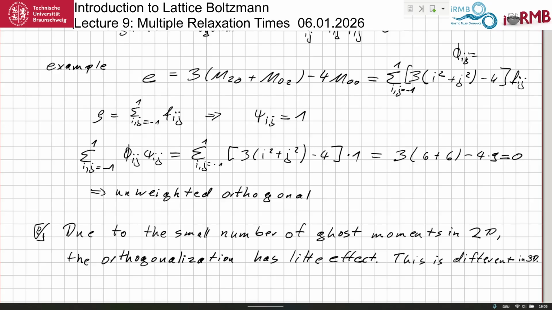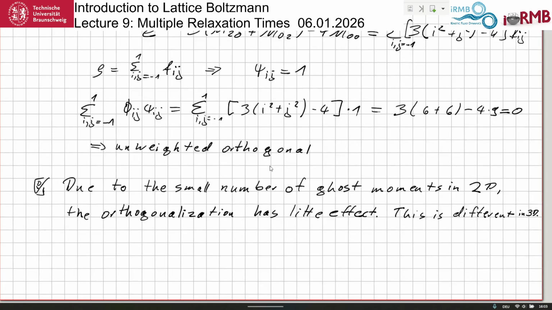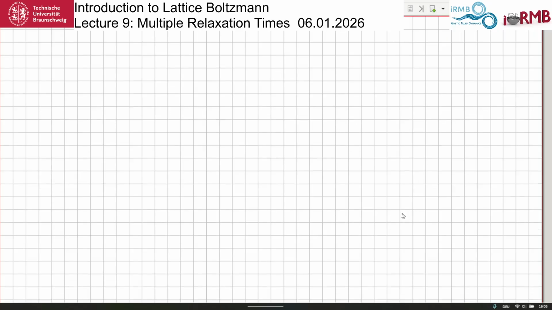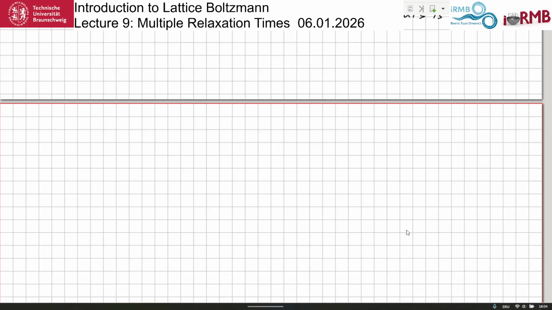Things completely change. Yeah, and now let's have a look at this. So we go to the D3Q27 lattice. And here we already find a problem.